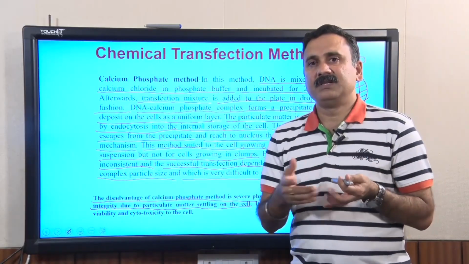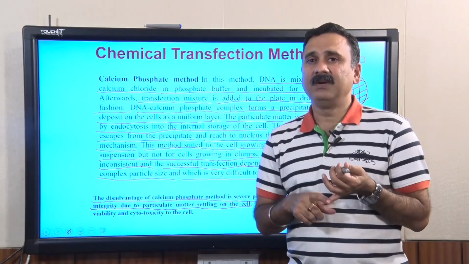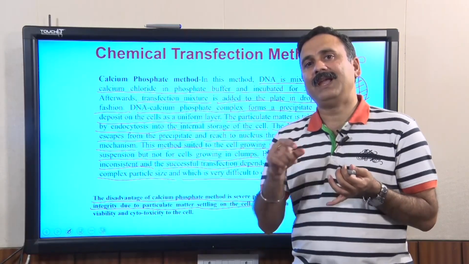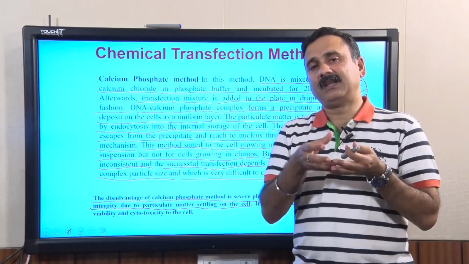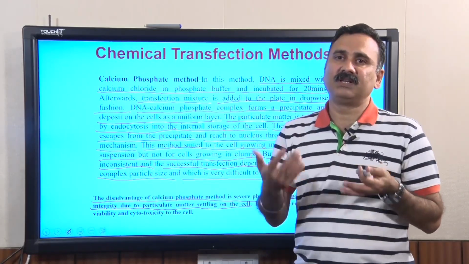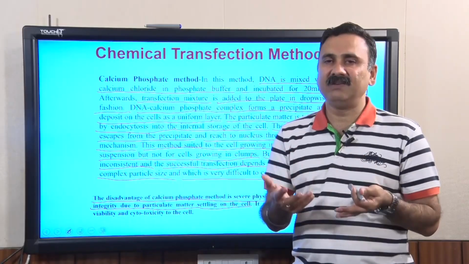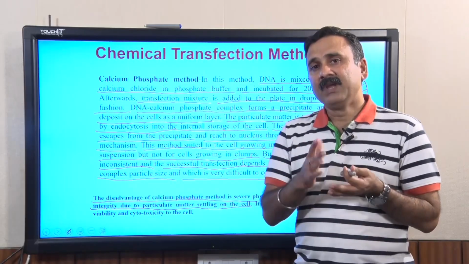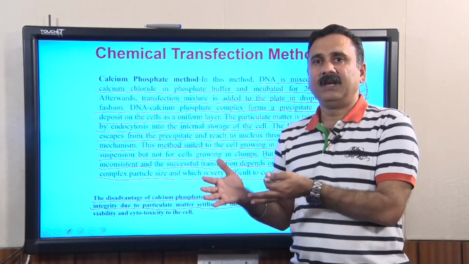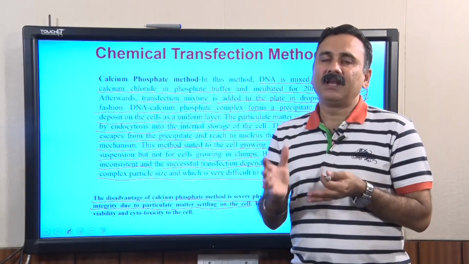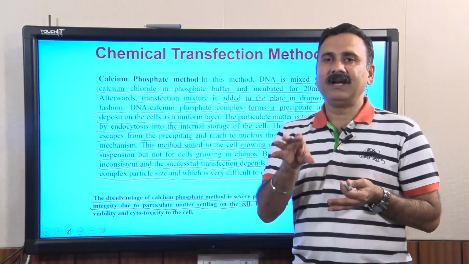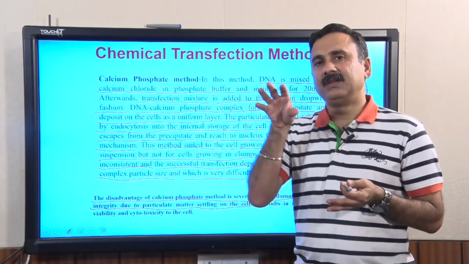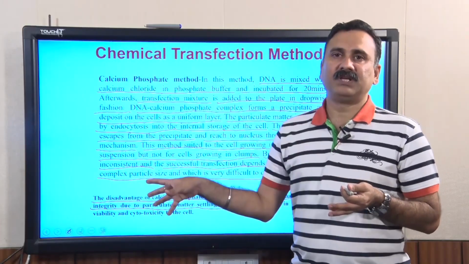having two disadvantages. One, it is inconsistent, because you cannot control the aggregation of those particles and the size of those aggregates, and the size itself decides the transfection efficiency you are going to achieve at the end. The second, since you are working with aggregates, these aggregates are also going to cause physical damage to the cell, and that may compromise the survival of these cells post transfection.